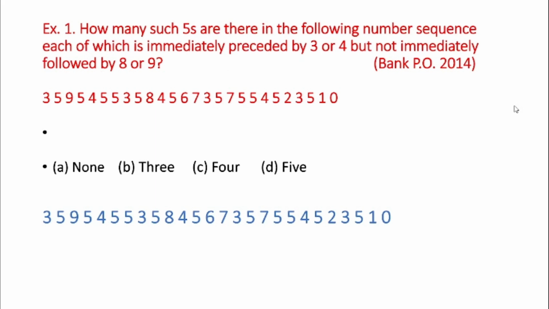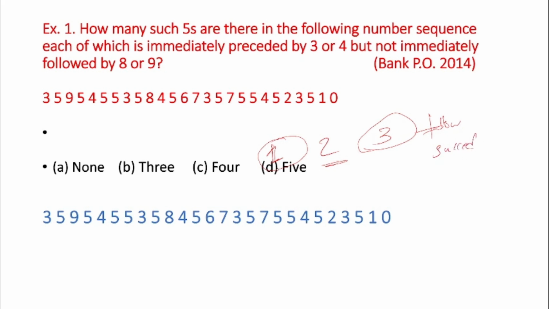Preceded and followed means, let's say, 1, 2, 3. Here 2 is preceded by 1. So if a number is before the number, then it's called preceded, and if it's after that number it is called followed or succeeded.